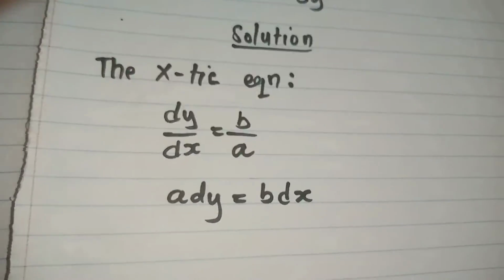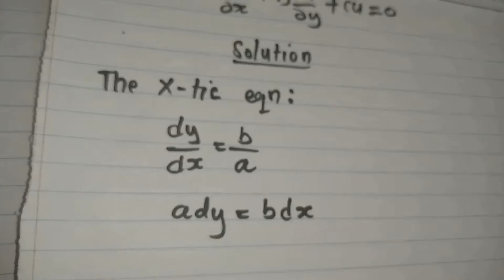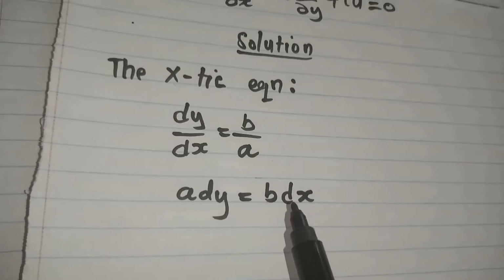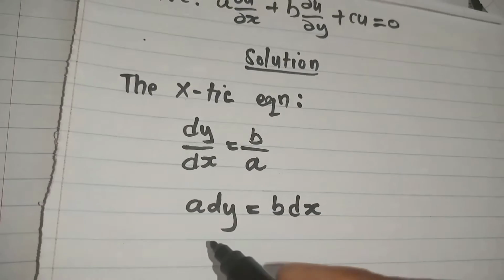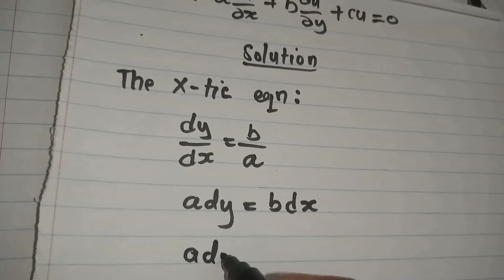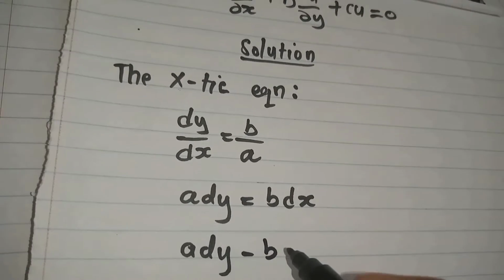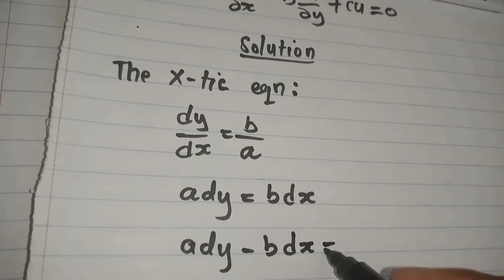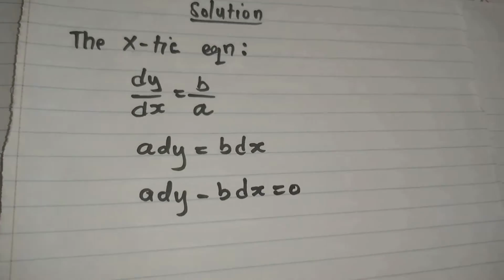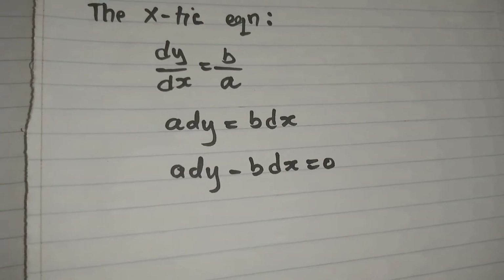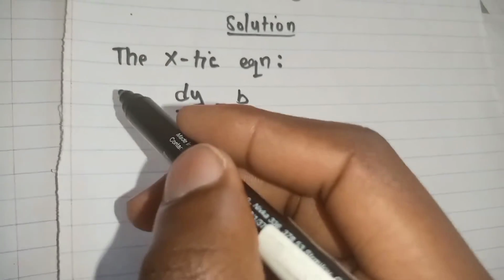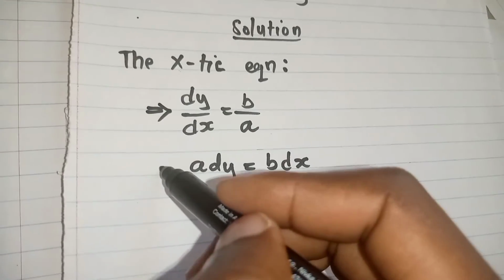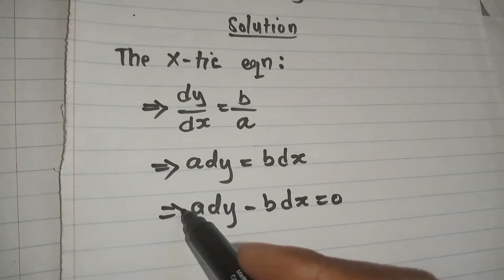Then when we take this one to the other side, we will have a dy minus b dx is equal to 0. Then we can put our equal signs there like that.